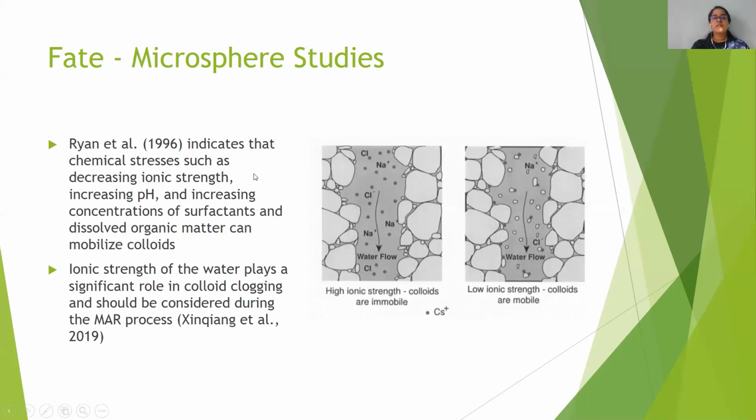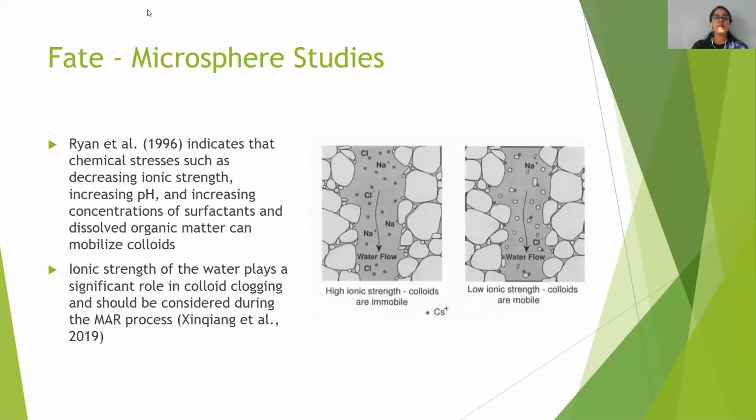And then we looked at different chemical stresses, what could change or impact the movement of these microspheres. And it was found that if there's a decrease in the ionic strength of the water, then there is mobilization.